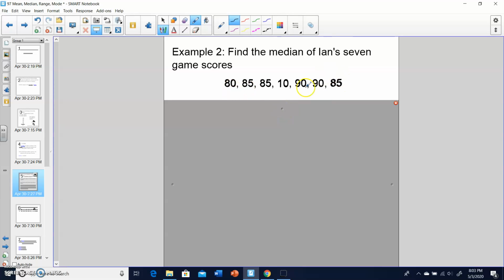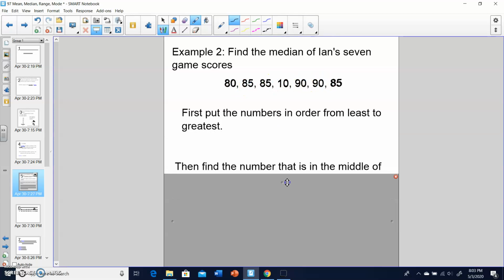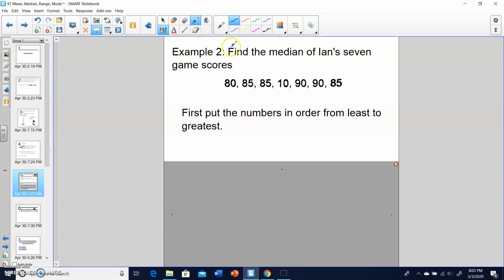So here we have his game scores once again. Okay, first we're going to put them in order from least to greatest. So the least number would be 10, 80, 85, 85, 85, 90, 90. Okay, so let's put them in order. So we have our 10, 80, 85, another 85, 85, 90, and then 90.